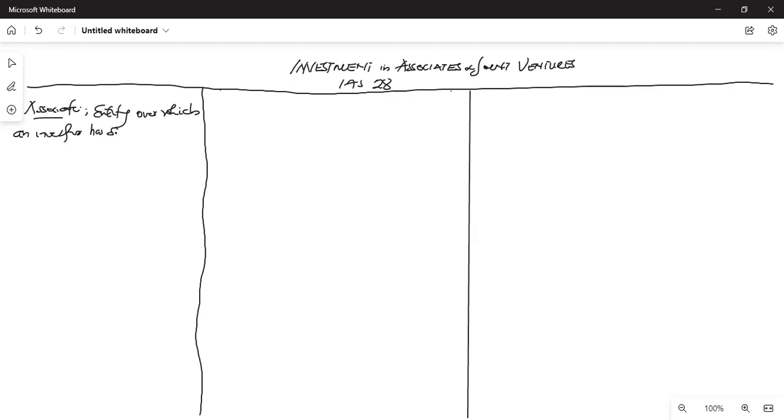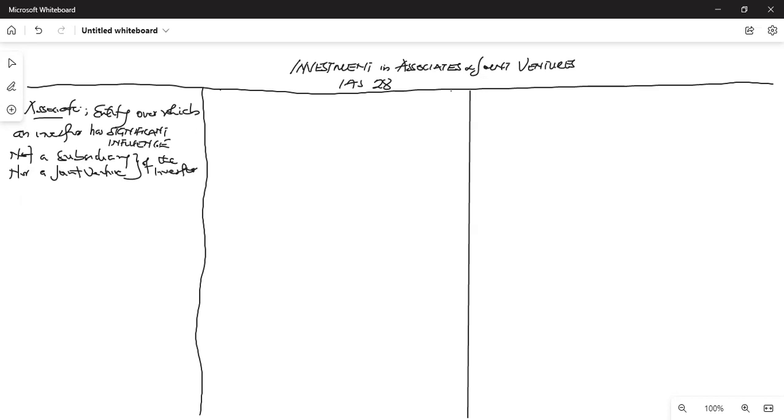As such, that associate is not a subsidiary, nor a joint venture of the investor. That is an associate.